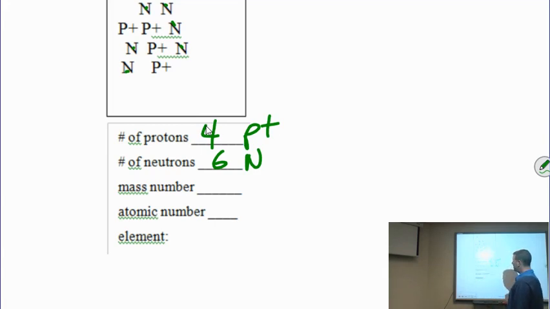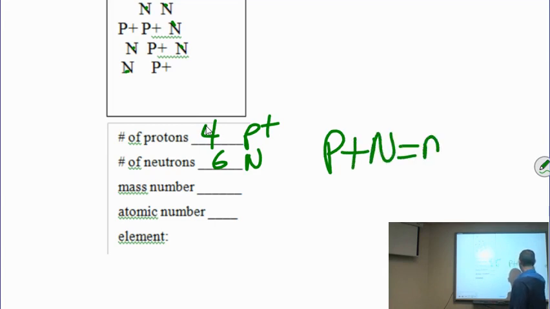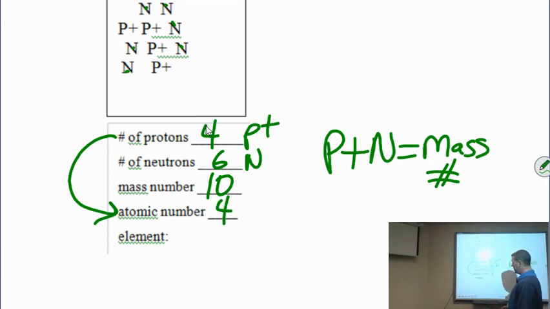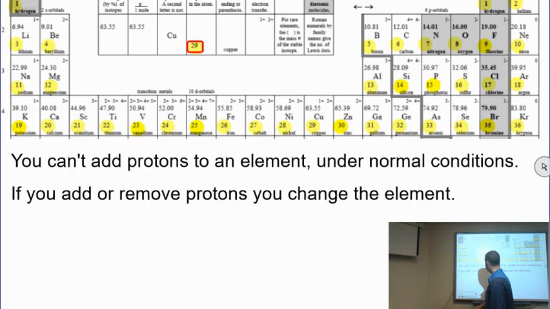Well, we just learned on the previous slide, protons plus neutrons equals mass number. So we have a mass number of 10. What's the atomic number? We just learned on the previous page that proton number and atomic number are the exact same thing. So this would have atomic number 4. So if you go along on your periodic table, you should be able to find atomic number 4. So here we go. Here's our periodic table.